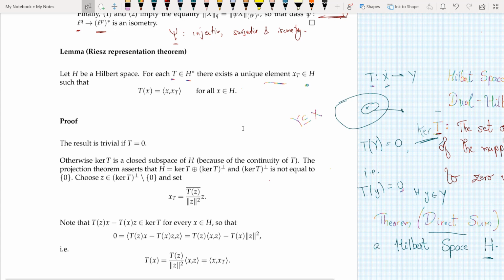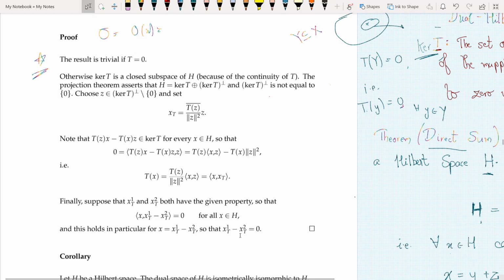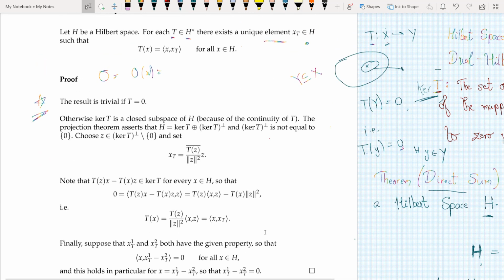The result is trivial if T equals 0, because if T is 0, then T of x is 0, which makes sense. If T is 0, then everything is 0. Case finished. Otherwise, kernel T is a closed subspace of H, as we discussed before.